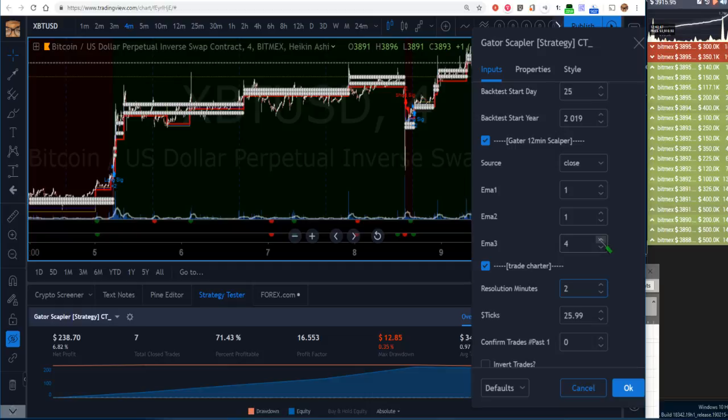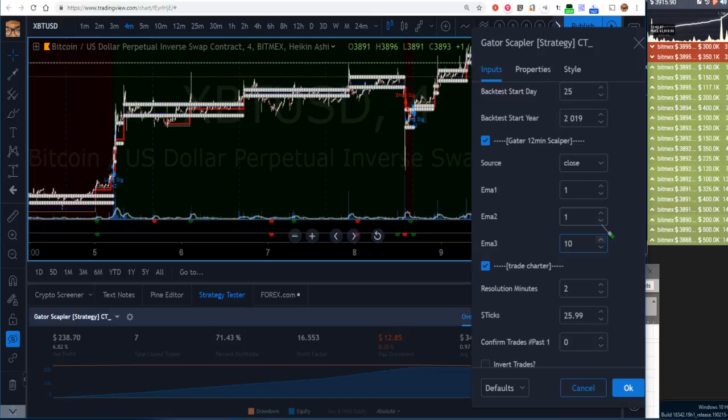All right, so when this thing was up to 10, the resolution was down to 1. I'm just putting it to 4 because that's where we were at. Okay. Let's see what it looks like on 1.